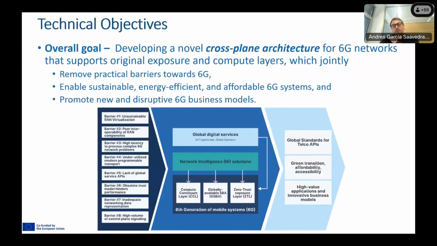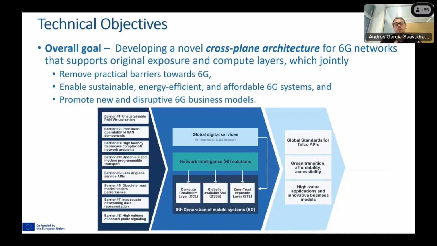So I think this illustration here represents pretty well the whole scope of the project, or the overall goal of the project, right? On the left-hand side, what you can see is a set of barriers. We have identified a concrete set of barriers for 5G systems. I will get into details of these barriers later on.